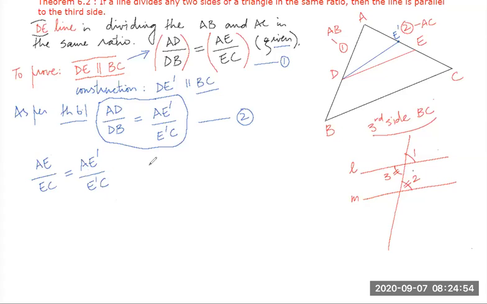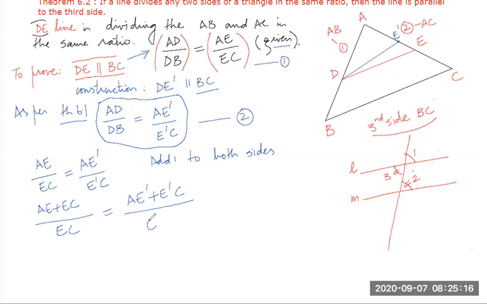Now please add 1 to both sides. So what do we get? We get AE plus EC divided by EC is equal to AE dash plus E dash C divided by E dash C. Right?